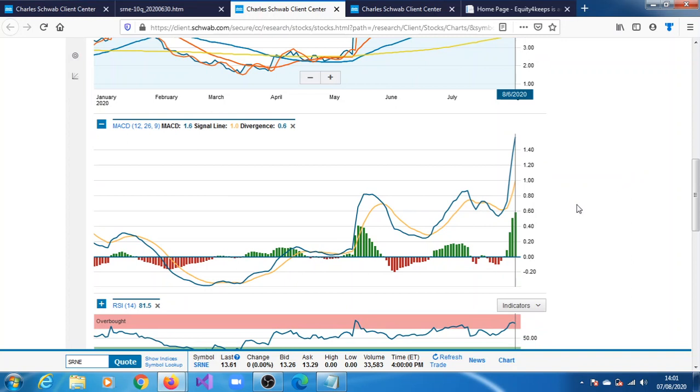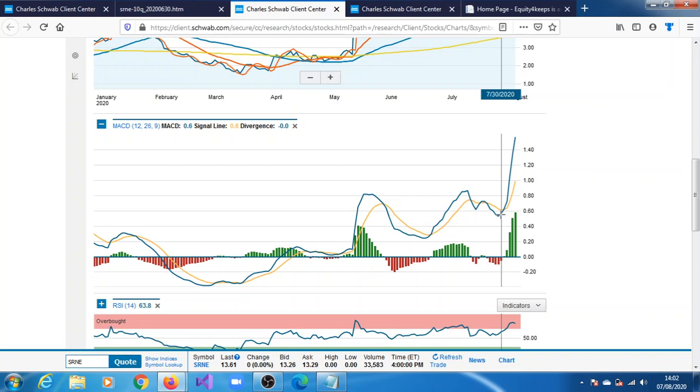You can see the MACD. The momentum has departed completely away from the signal line, and that started to occur recently. As at the 31st of July, that was when it crossed over. At this region here, it started to indicate that momentum is coming in.